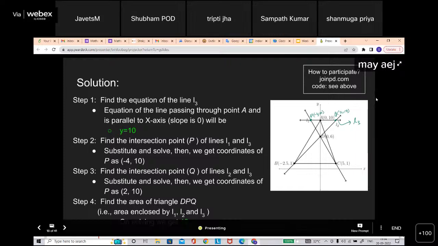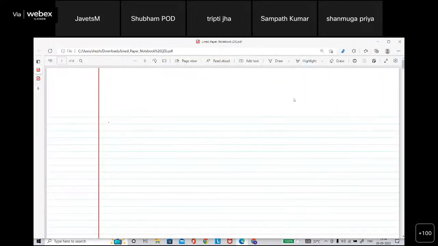Okay. What is the equation of the line L1? Can anyone tell? y = 2x + 6. Okay, this is the equation of line L1.